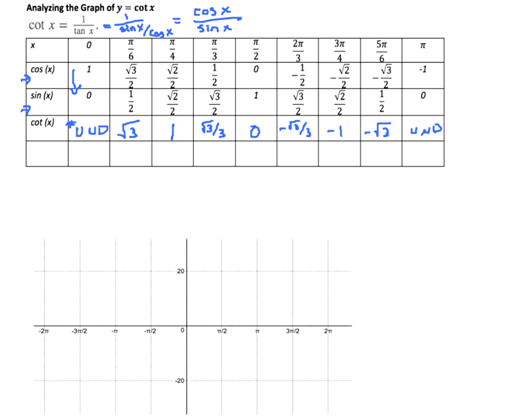So, in its parent form, the cotangent function has asymptotes at an x value of 0 and an x value of pi. So its period is pi. So I have an asymptote at an x value of 0, and pi.